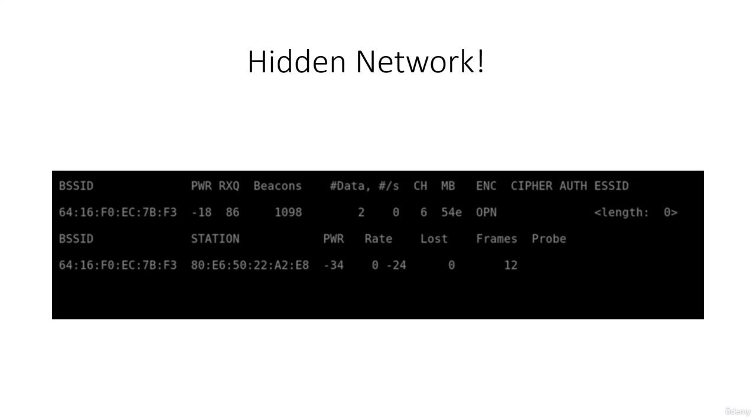What you're going to do is run airodump-ng and specify the BSSID of the targeted network, which is like a MAC address. Then you specify the channel of the target network, then give it the wireless card in monitor mode.